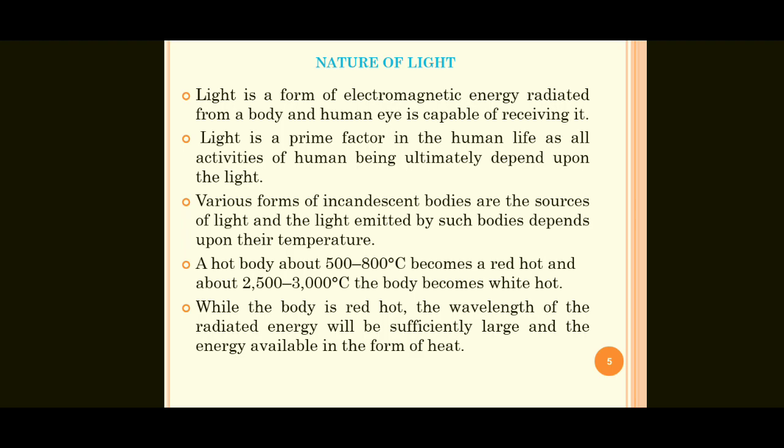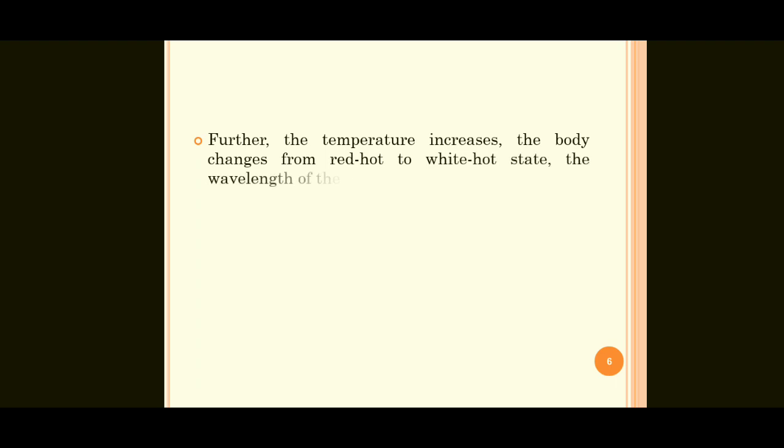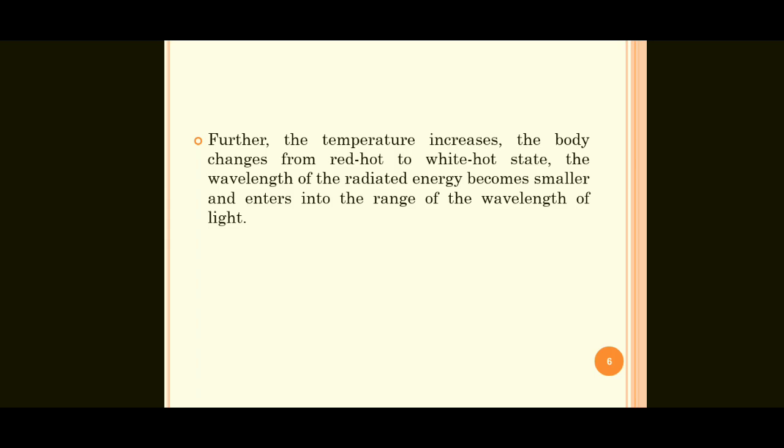So when the body temperature is 500 to 800 degrees centigrade, the wavelength is sufficiently large and the energy is available in the form of heat. As the temperature increases further, the body changes from the red hot to the white hot state.